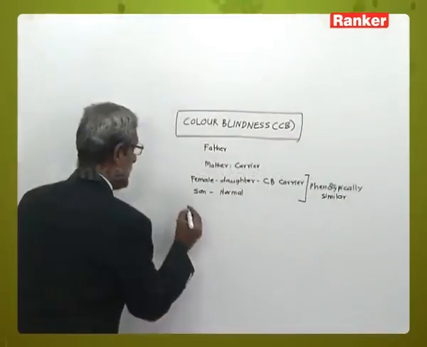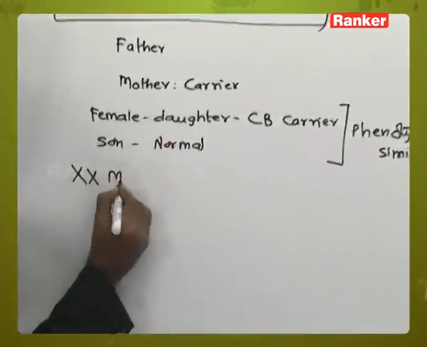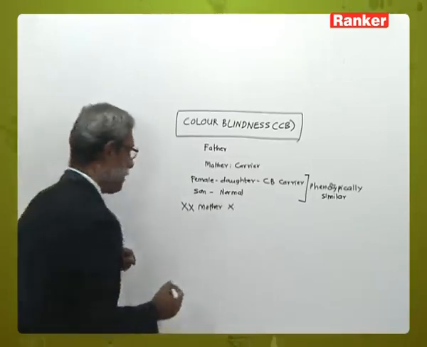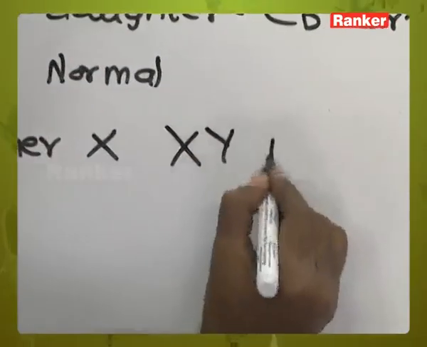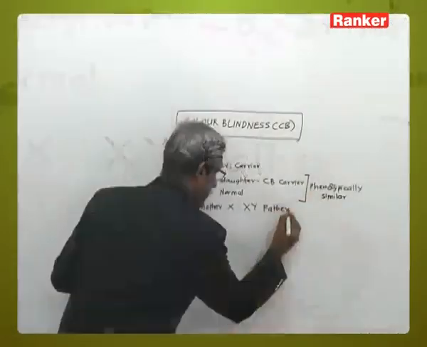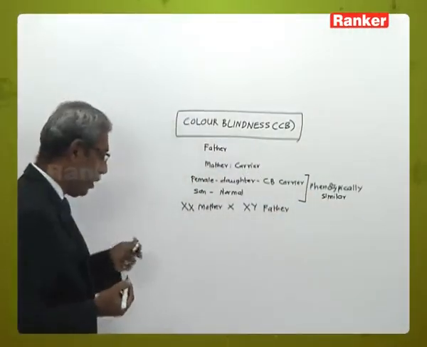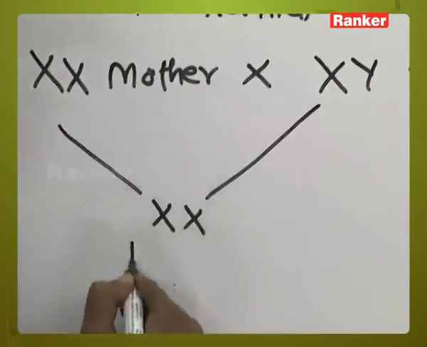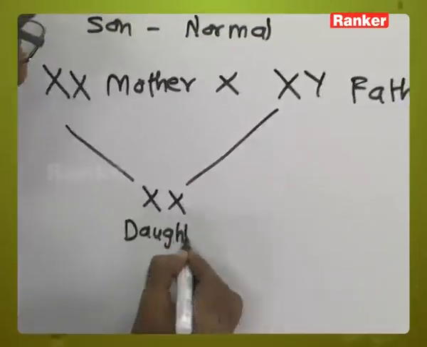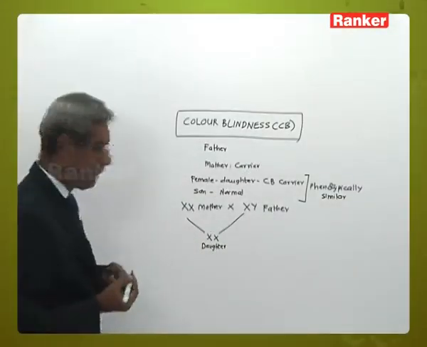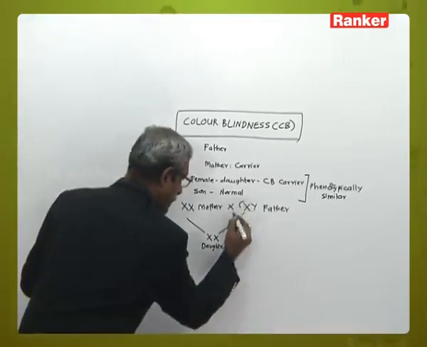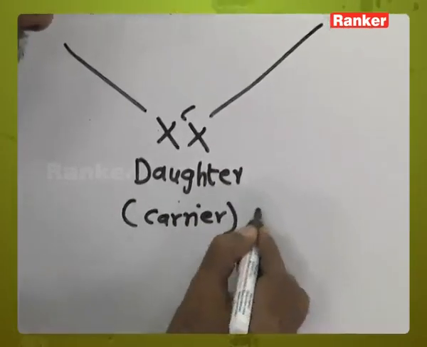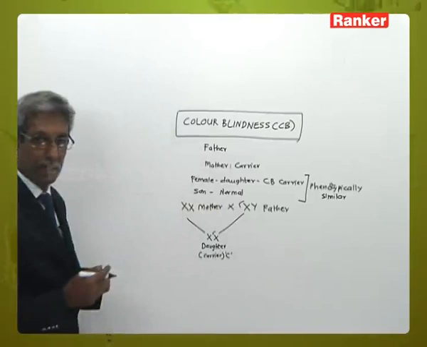If XX designates a mother, and the crossing looks this way, XY is the father, the daughters, that is the X from here as well as the X from here, these are the daughters. The daughters are the carriers for color blindness.